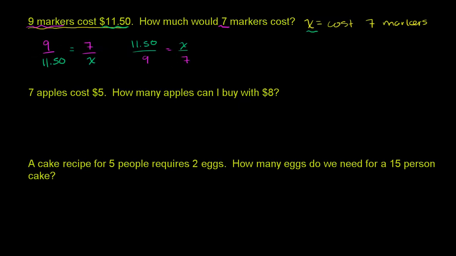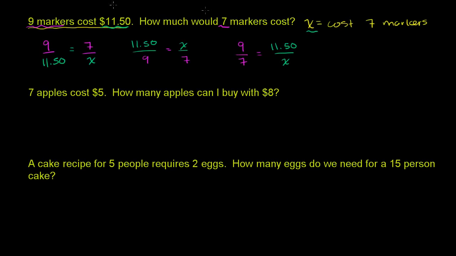You could also think about the ratios in other ways. You could say that the ratio of 9 markers to 7 markers is going to be the same as the ratio of their cost. It's going to be equal to the ratio of the cost of 9 markers to the cost of 7 markers. And then obviously you could flip both of these sides.